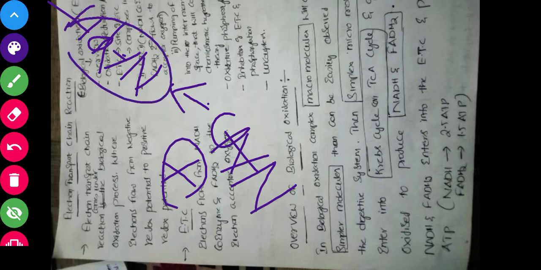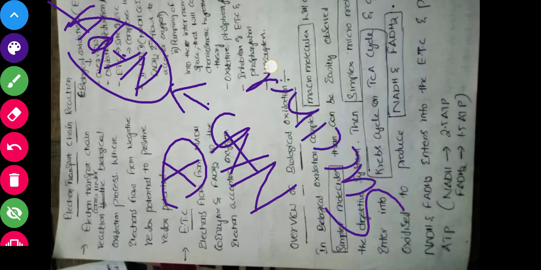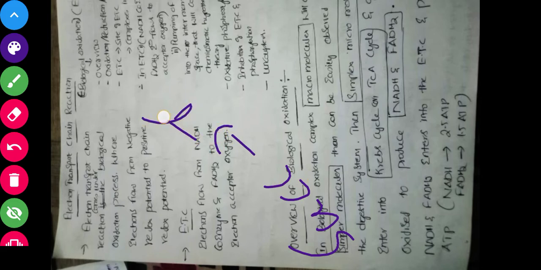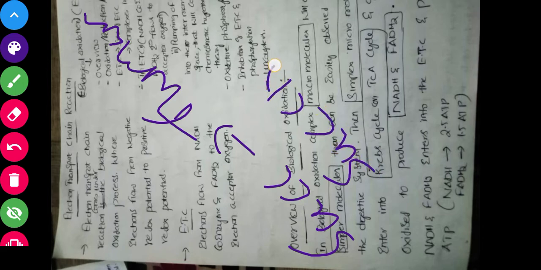In one step, succinate is converted to fumarate. There we need the enzyme succinate dehydrogenase, and here FAD is converted to FADH2.